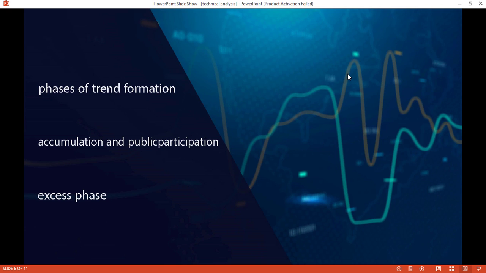In the first phase, we have the accumulation part, in which the market experts find out a great movement is starting. They mostly use accounting calculations.